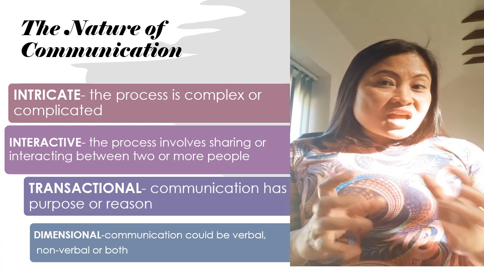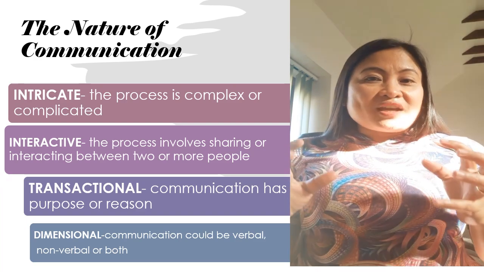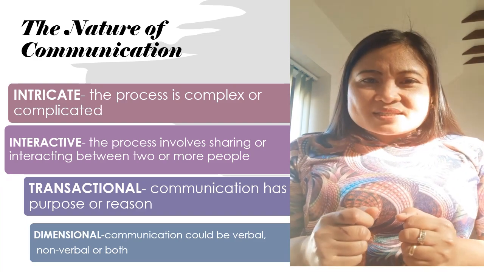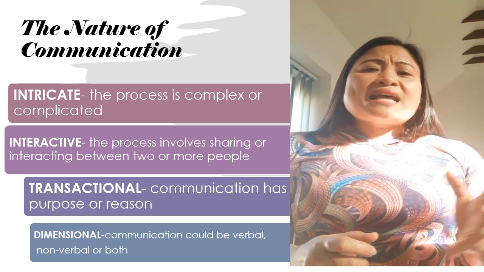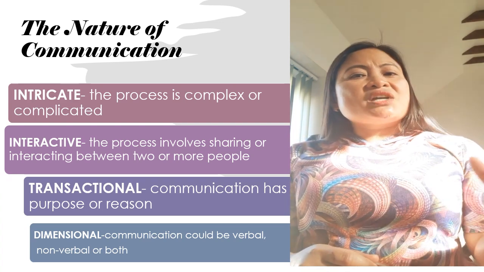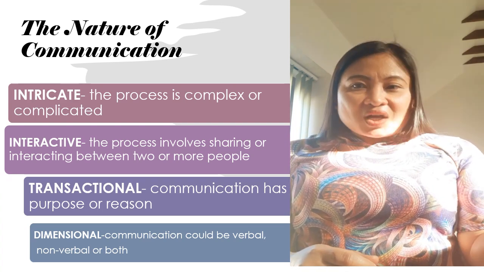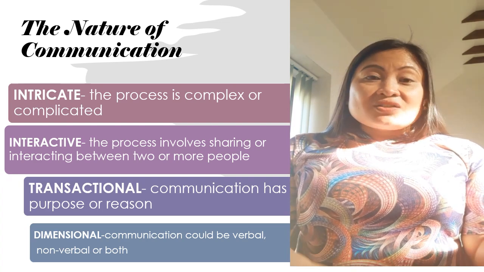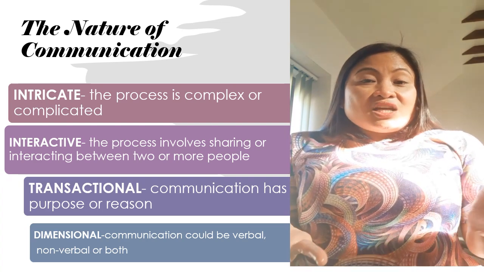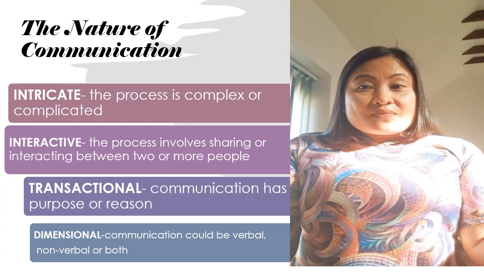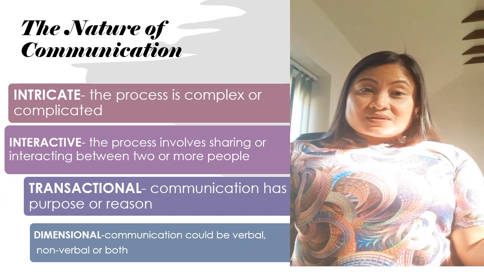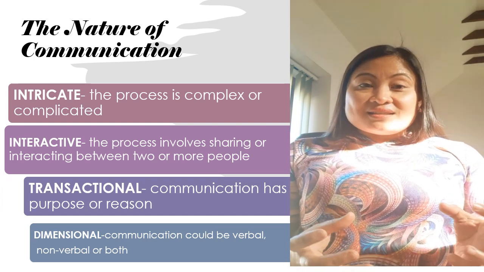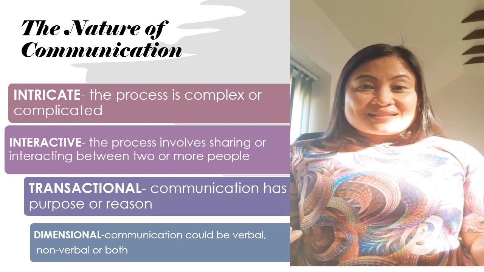It is transactional because we communicate with purpose or reason. For example, we talk to the teller in the bank, to the security guard, to the cashiers, to the teachers, to our friends and neighbors, and our family members. We have reasons why we interact.